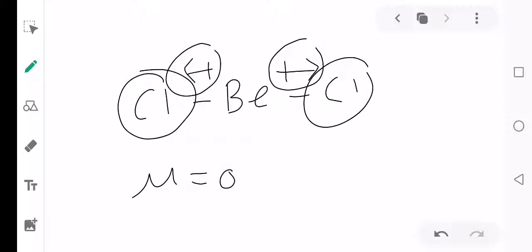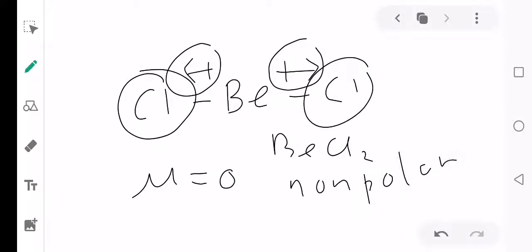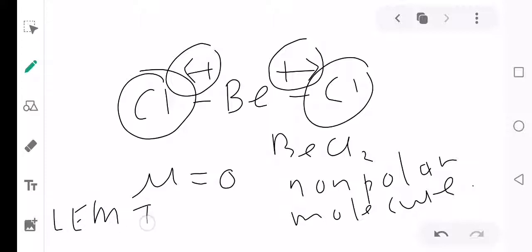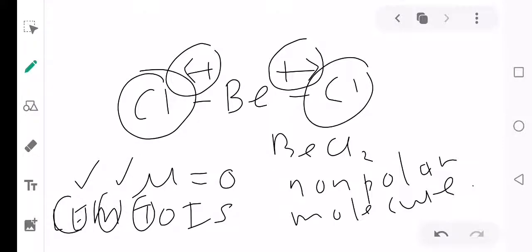It means BeCl2 is one example of a non-polar molecule. This is a molecule, not an ion. So for the LEMPTOIS again, the Lewis structure is done, molecular geometry is done, and the polarity is done. So we go to the next one.